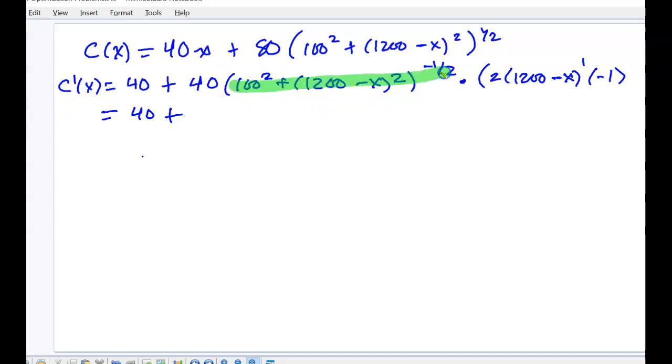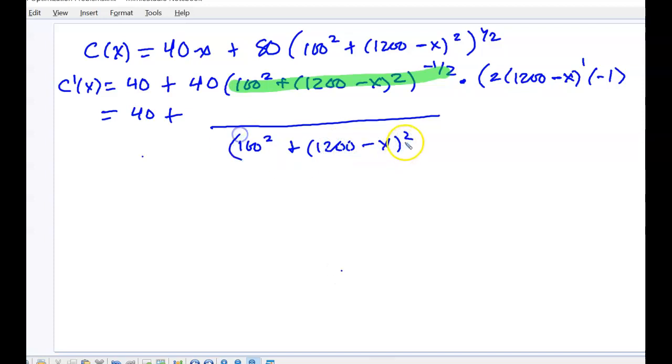All of this is raised to the negative exponent, so it can drop down to the bottom of my second term. So I'm going to have 100 squared plus 1200 minus x all squared to the positive 1/2. And then I'm going to have 2 times negative 1 times 40.